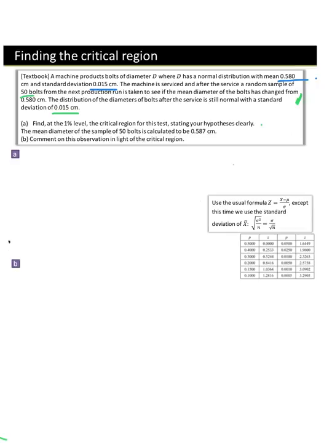And if we're testing at the 1% level, each end of the tail will have a probability of 0.005. So we've been asked to find whether the population mean differs from 0.58, so we have a two-tailed test. So we're going to have a null hypothesis.